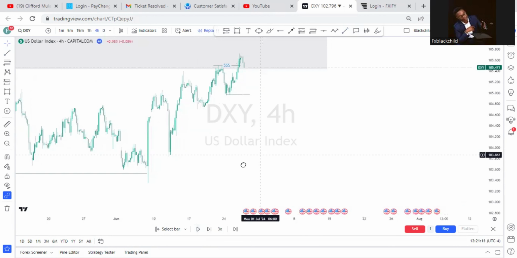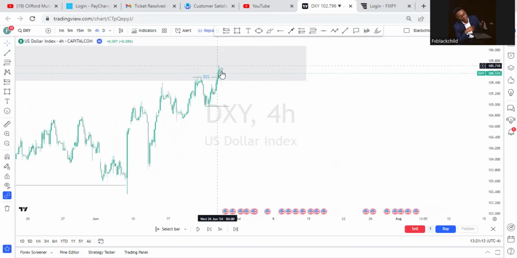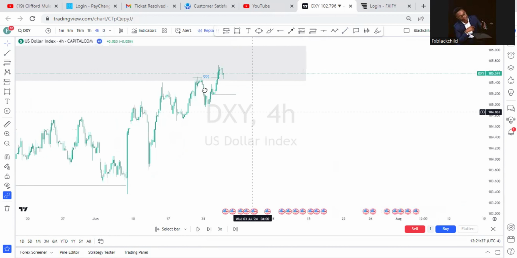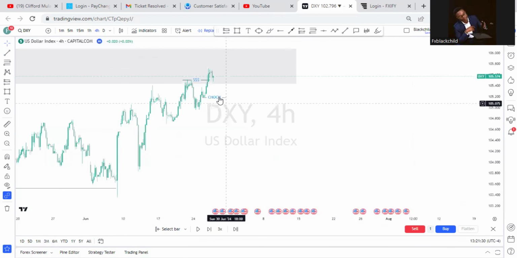So right now, I've seen the price has traded above here, but before it traded above here, it created some sort of another low, which means I'm going to shift my area to this area. This is going to be a change of character. I want to see price trading below this area. If the market trades below this area, that means I'm now going to be looking for an area of mitigation where I should be entering my sells. So let's see.